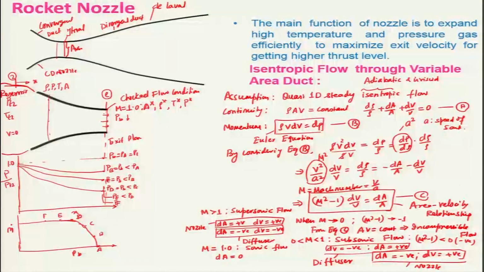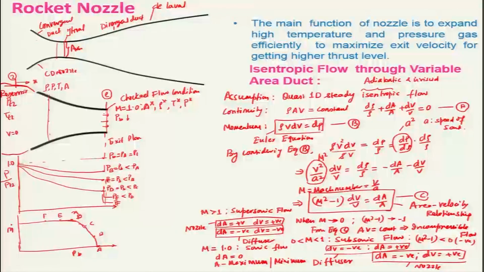That means the area can be maximum, or it can also be minimum. Minimum area is physically feasible, whereas the maximum area is not really physically possible.